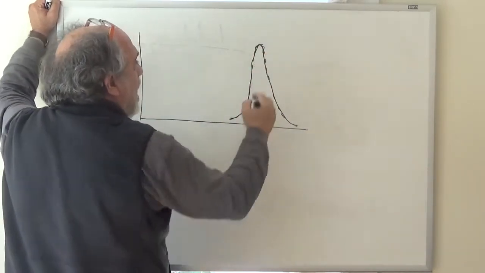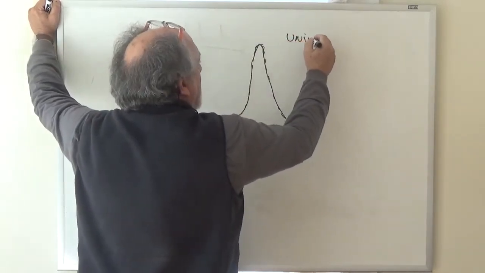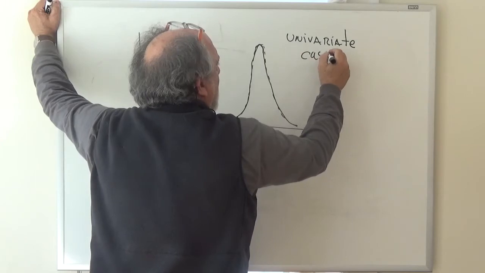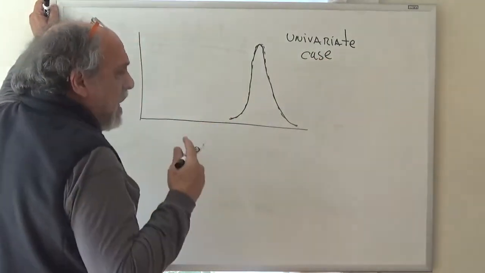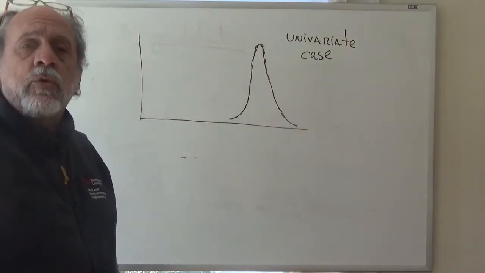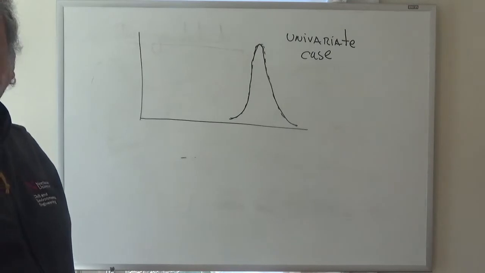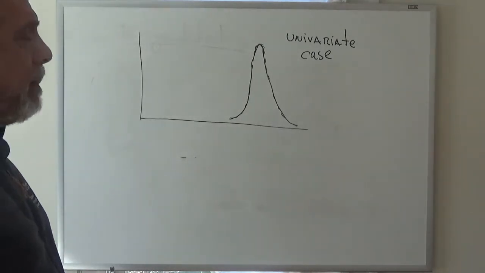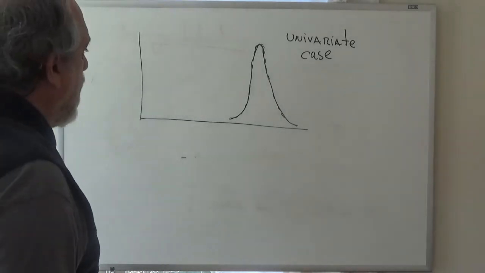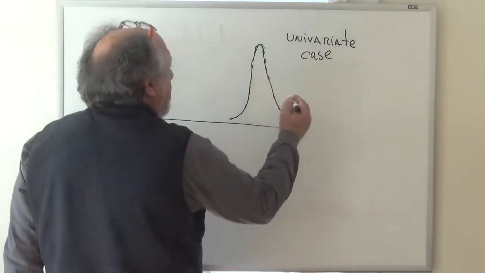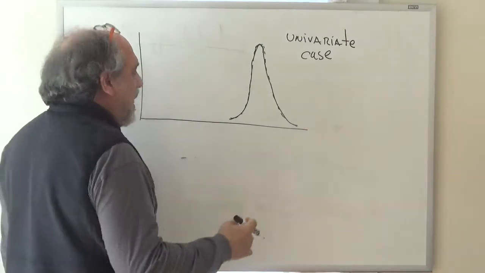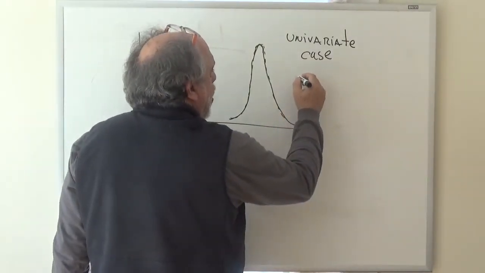I'm going to look now at the univariate case, meaning a single frequency. Next, not right now, we will get to a more realistic situation where I was able to identify more than one frequency. But right now, let's just say I was able to identify one. So I have one frequency, omega.